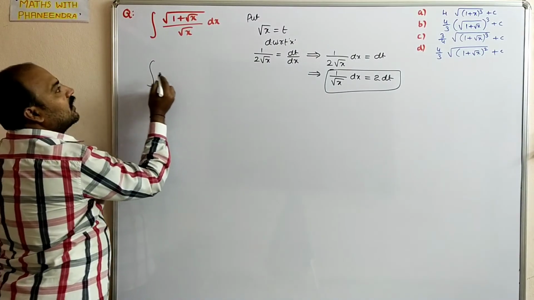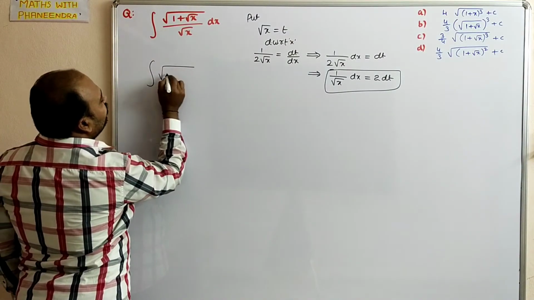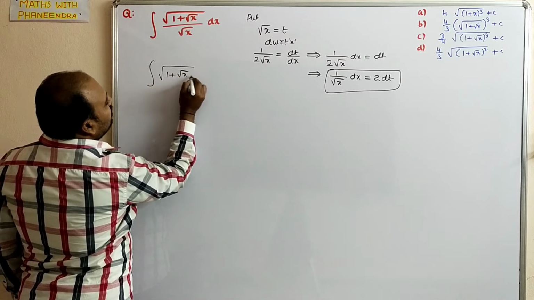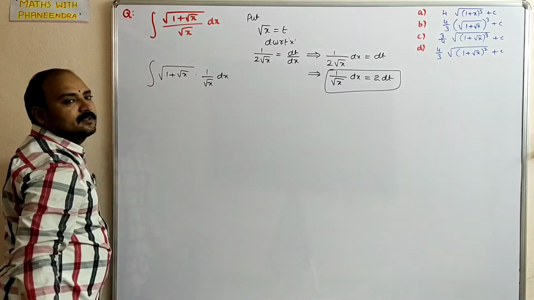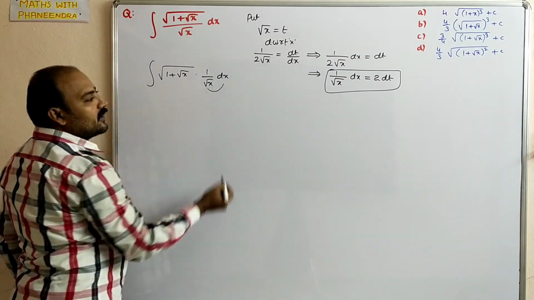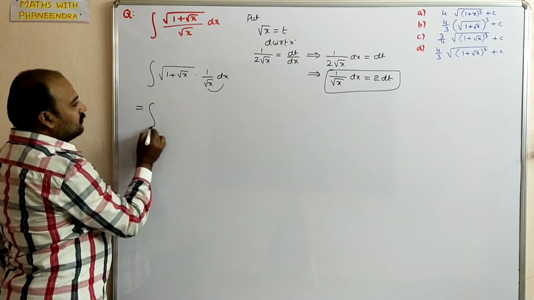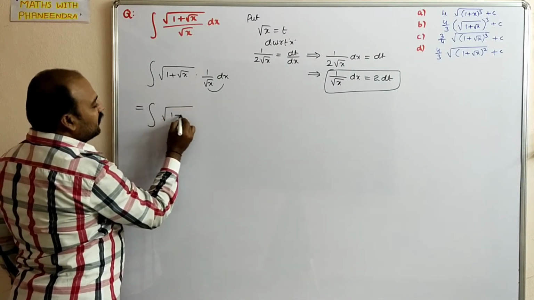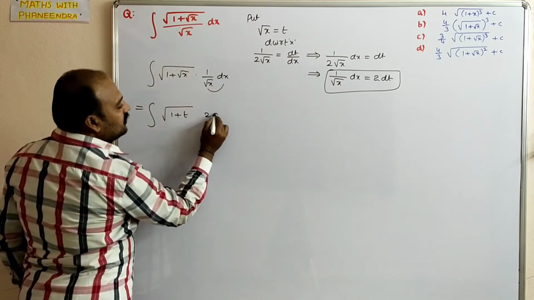Now in the given integral, in place of 1 by root x into dx, you have to write it like this. Square root of 1 plus root x into 1 by root x into dx. In place of 1 by root x into dx, you replace with 2 dt, and for the rest of the term, root x is equal to t. So it becomes the integral of square root of 1 plus t, 2 dt.